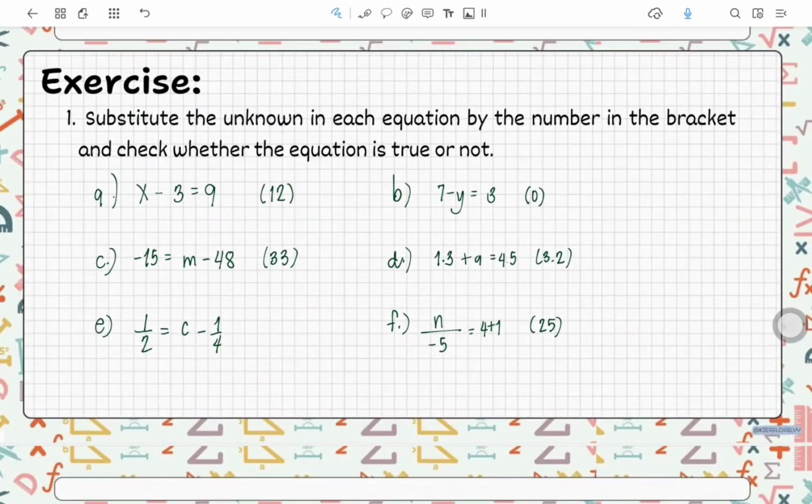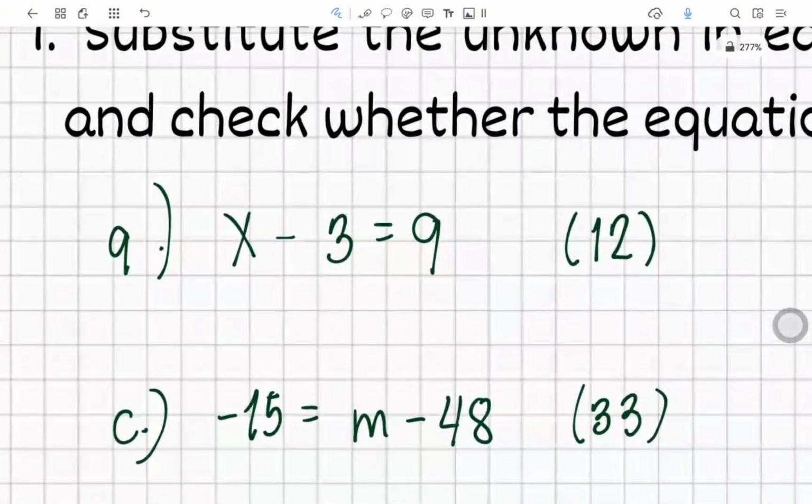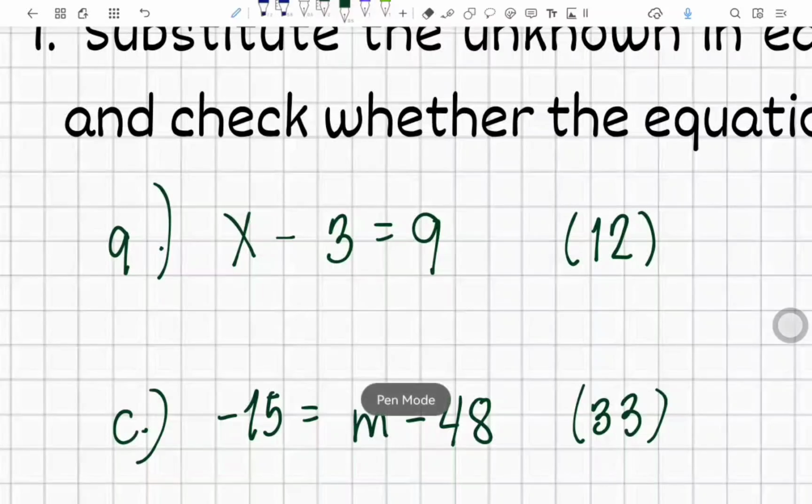Now, let's go to the exercise. So we have here problem number 1. Substitute the unknown in each equation by the number in the bracket and check whether the equation is true or not. So let's start with letter A. In x minus 3 equals 9, our x is equal to 12.